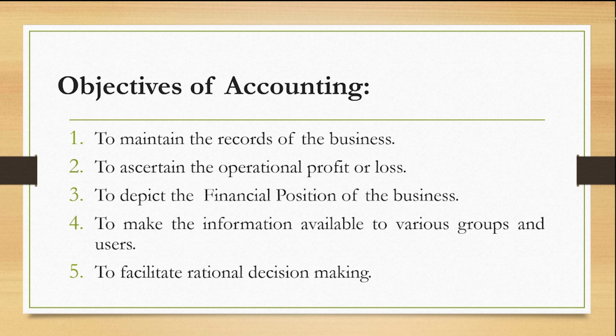For legal evidence they don't have any written document. Number two, to ascertain the operational profit or loss. As we earlier discussed, business is meant for profit, or it can be loss. So for ascertaining profit or loss, systematic records are important. Number three, to depict the financial position of a business.